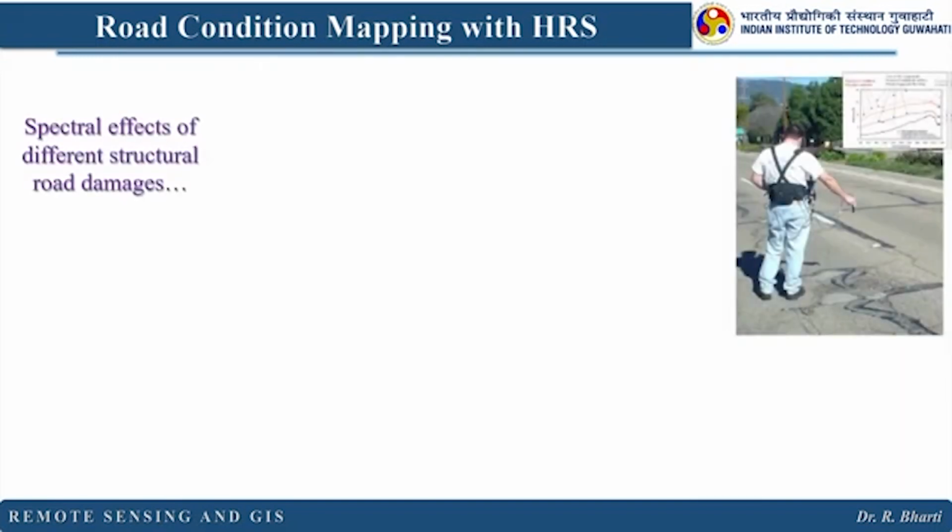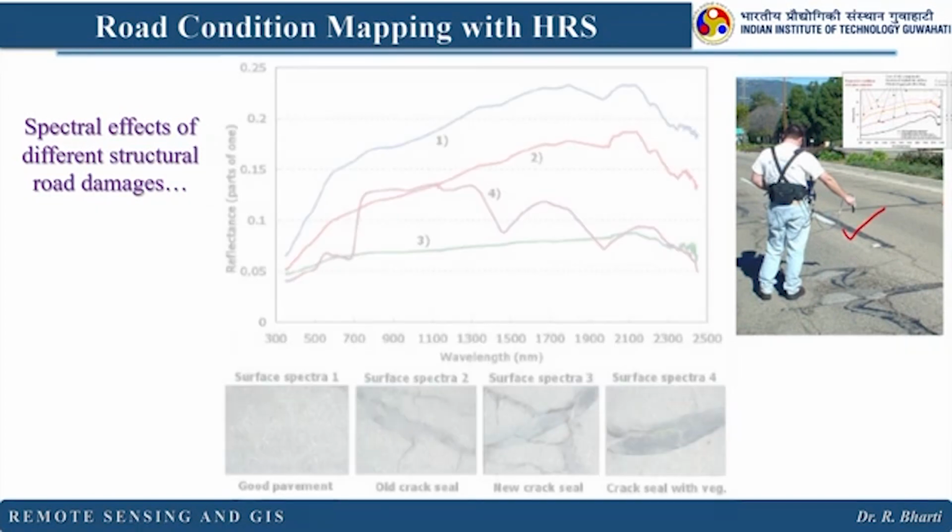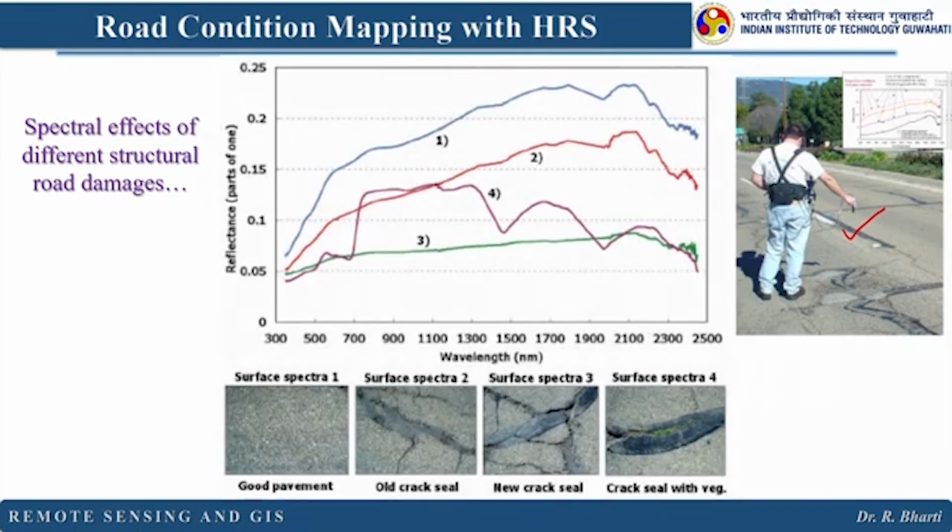Now, let us understand how sensitive these spectral responses are, right. You can see here this gentleman is capturing the spectral behavior of this particular road. He has used good pavement, old crack seal, new crack seal and crack seal with vegetation, and for all of them he has produced these spectra.